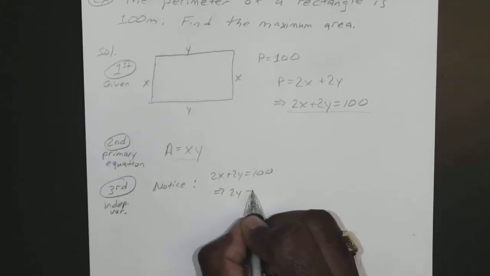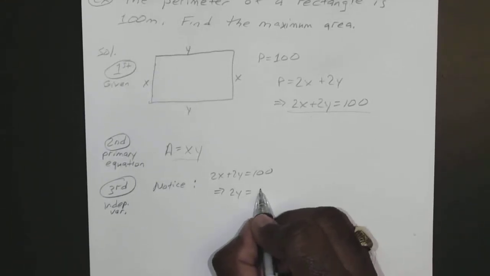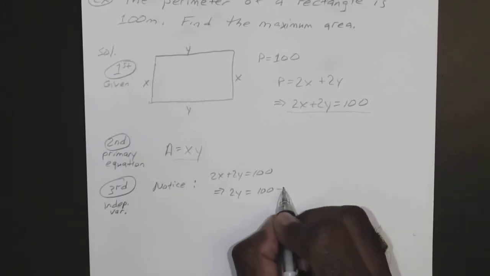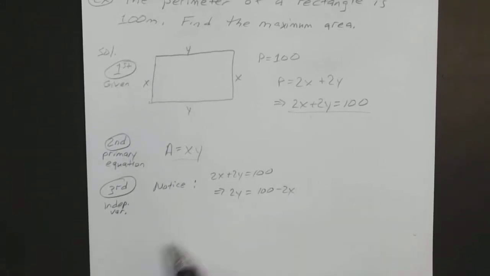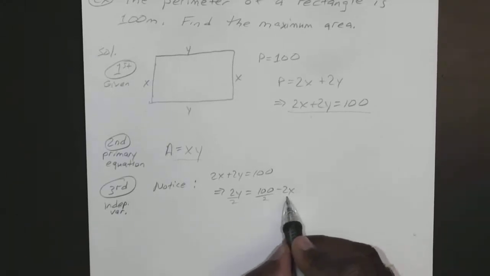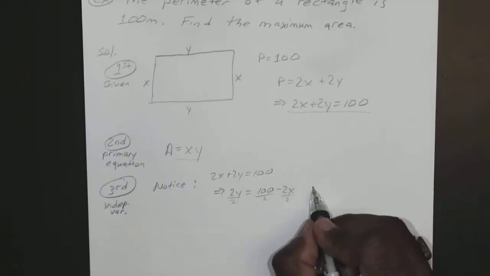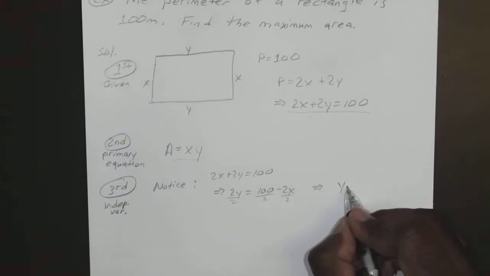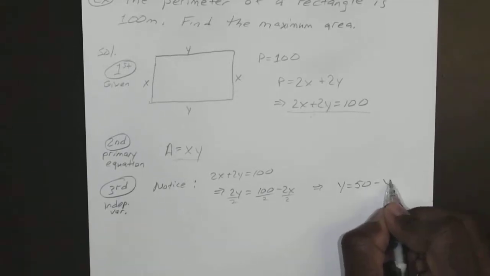You have 2y equals 100 minus 2x. Divide everything by 2. You have y equals 50 minus x.